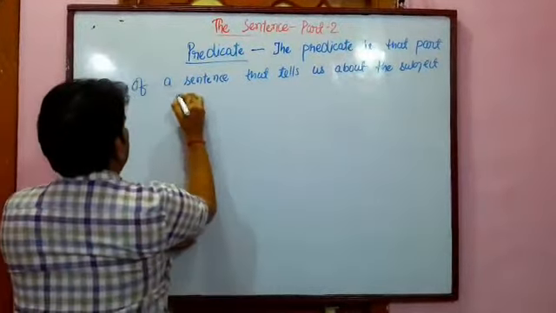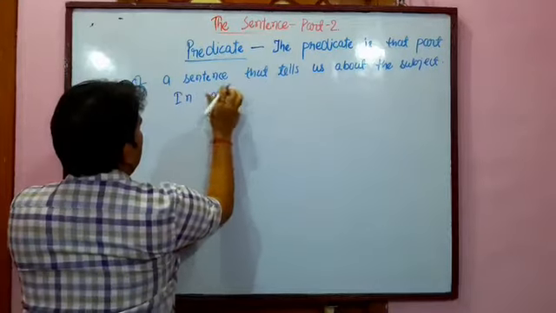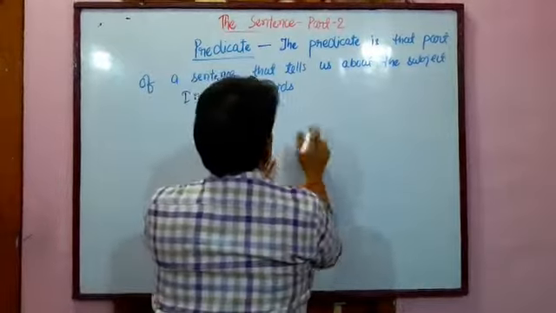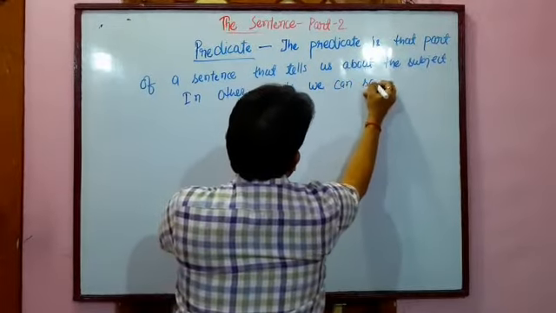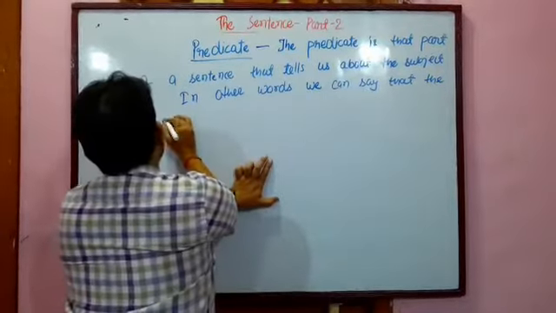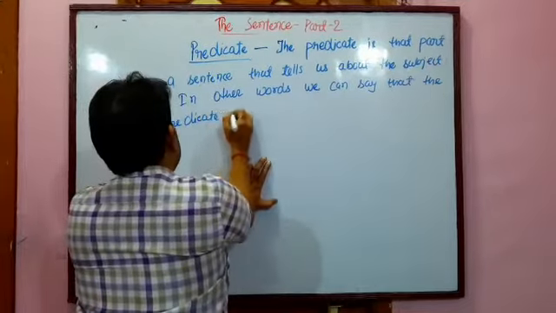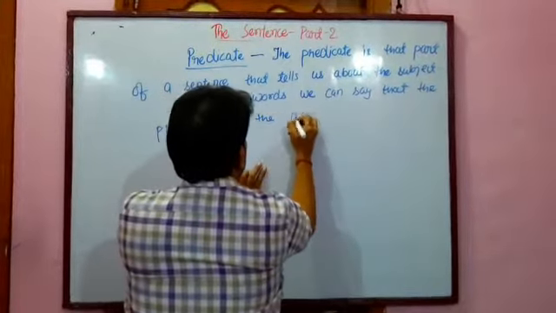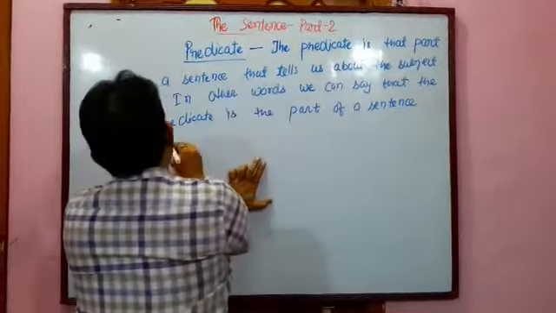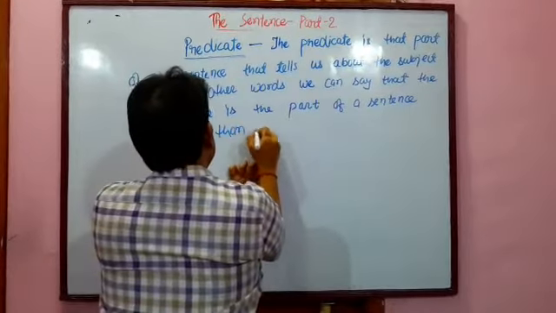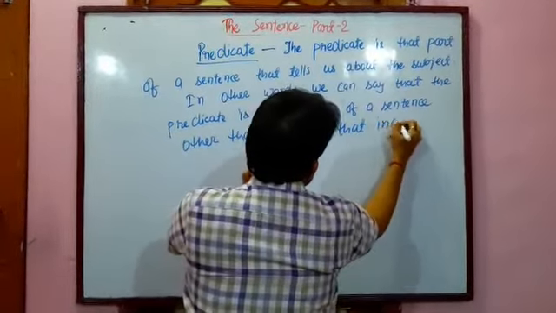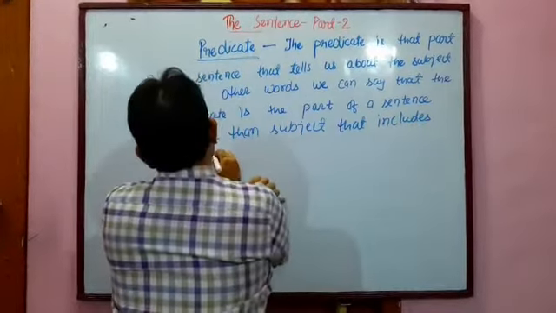In other words, we can say that the predicate is the part of a sentence other than the subject, that includes the verb.